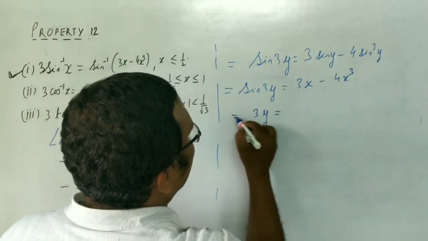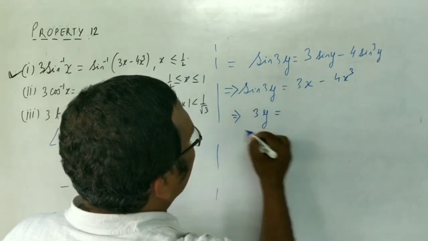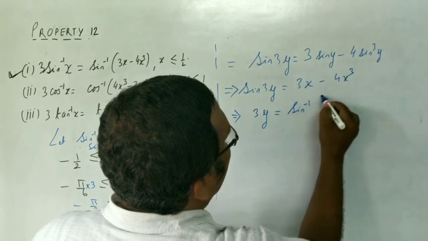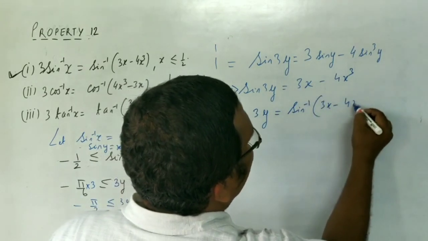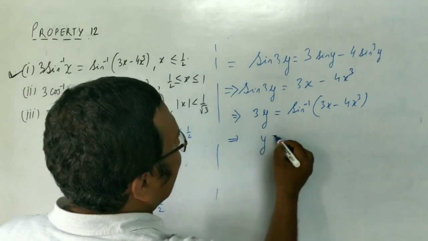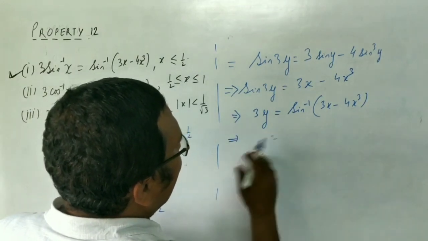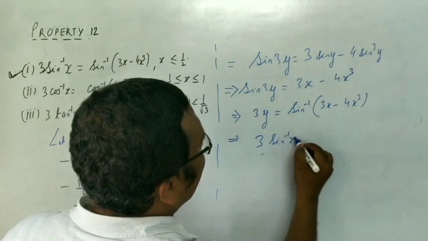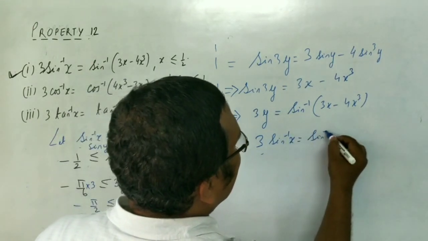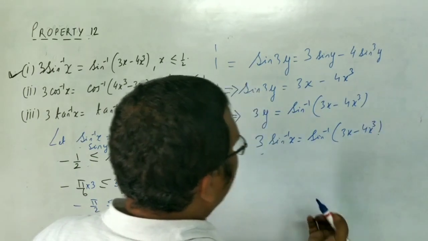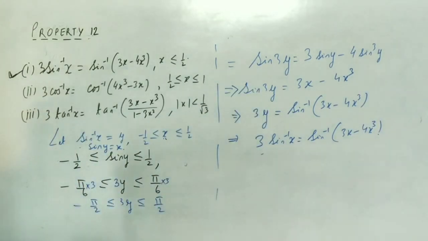So 3y is equal to sine inverse of 3x minus 4x cube, and then 3 sine inverse x is equal to sine inverse of 3x minus 4x cube, and we know that's 3y.